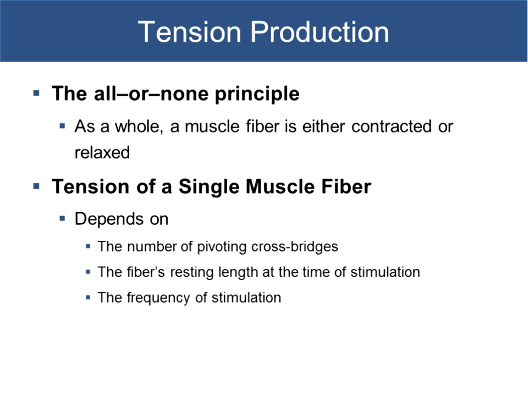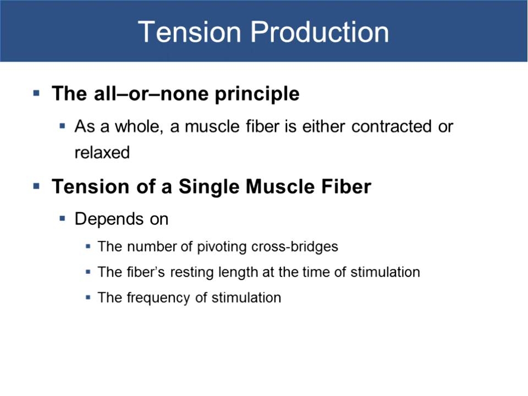That means you don't get one part of a muscle cell contracting and the other part not, because that action potential, once again, is propagated along the entire length of the muscle cell. What happens in the north end of the fiber is what happens in the south end of the fiber. So as a whole, a muscle fiber is either contracted or it's relaxed. Either it has an action potential or it didn't. You don't have any half action potentials as a general rule.